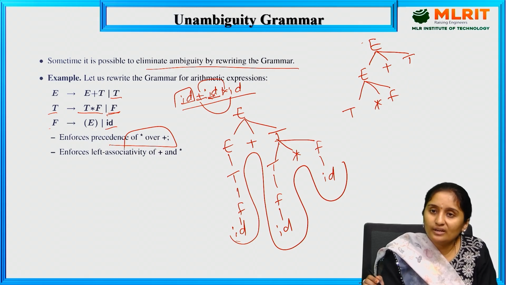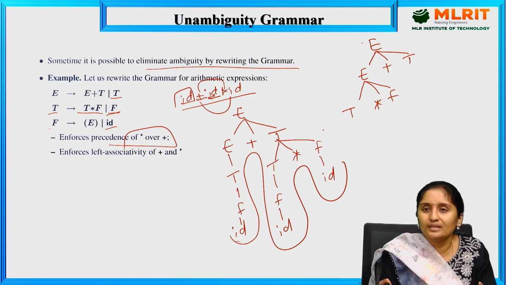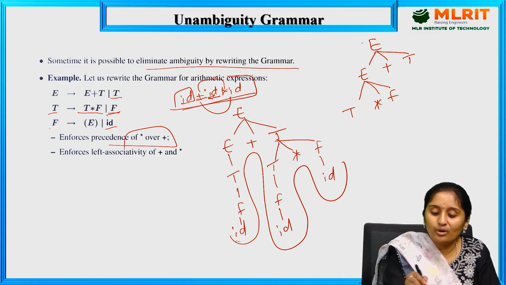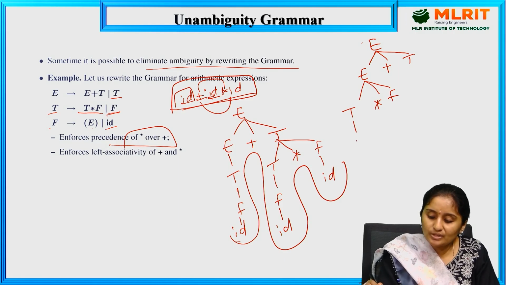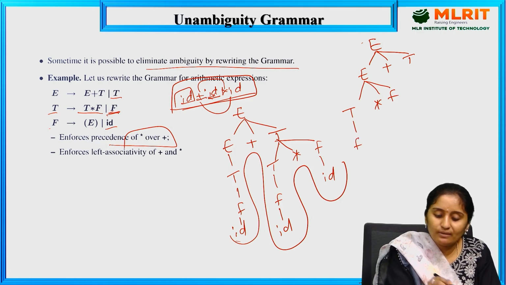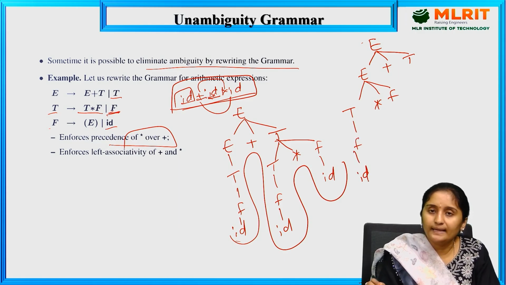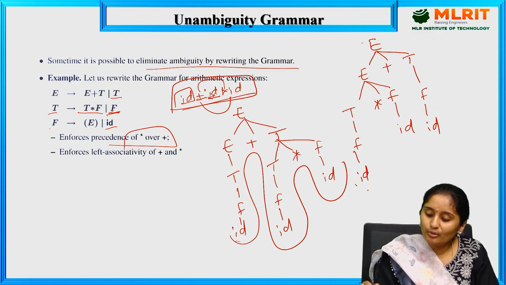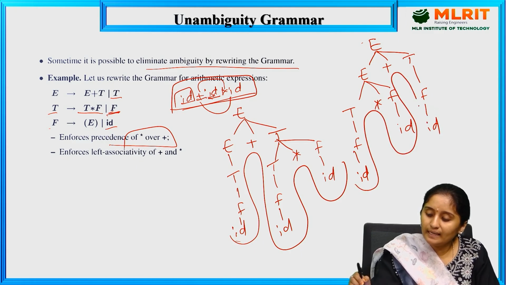So I need to generate one more parse tree, to check whether I can generate the same string or not. T produces F, F produces ID. So I am going to generate ID star ID plus ID.